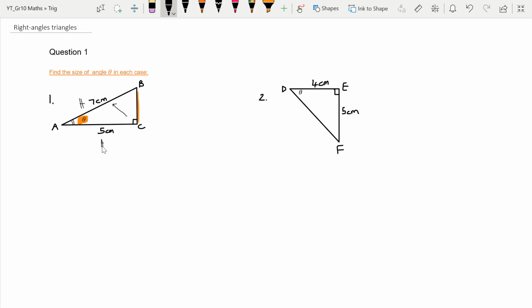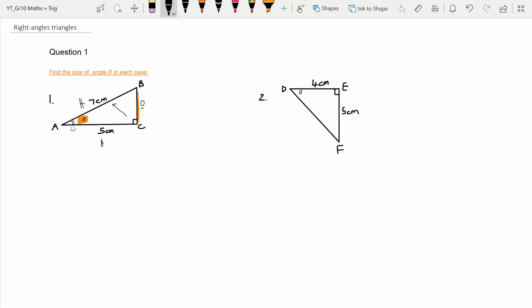This would be our adjacent to our angle A. And this would be the side opposite that angle A. We're not going to use the opposite, because we don't have it and we're not looking for it. So we're not going to bring that into the equation that we're going to build.